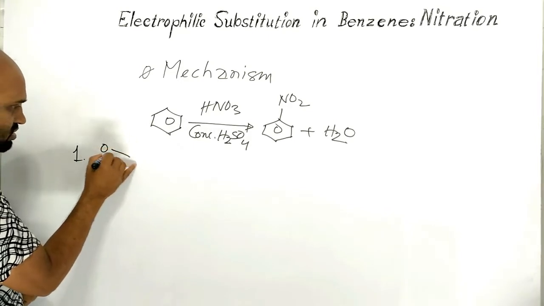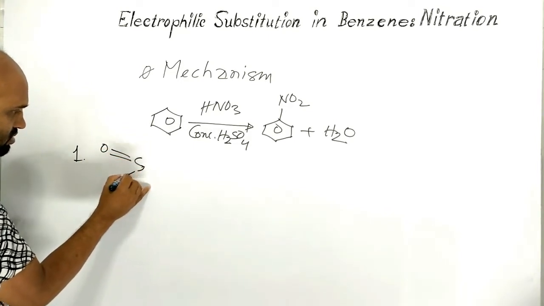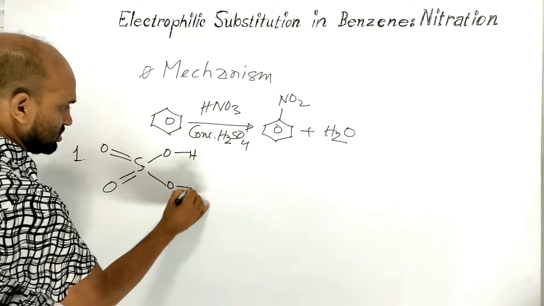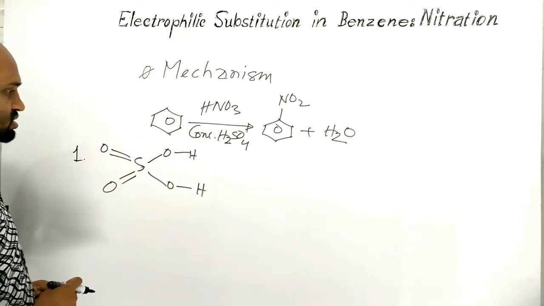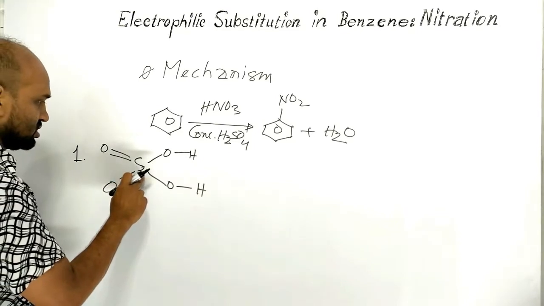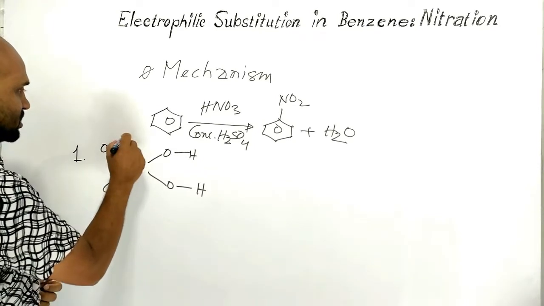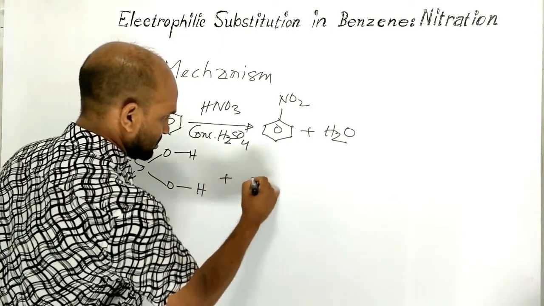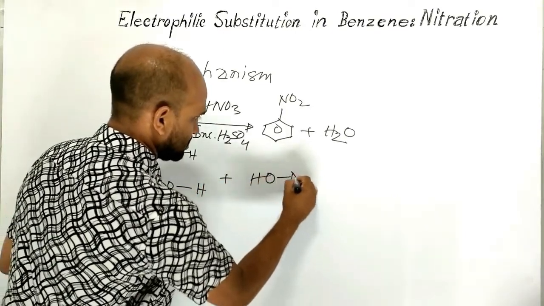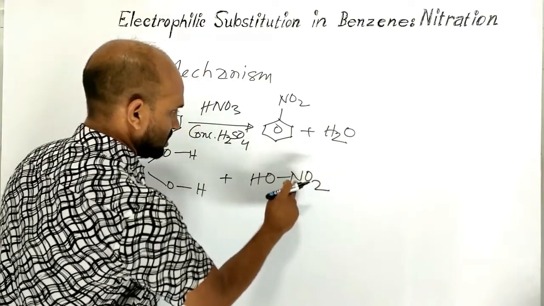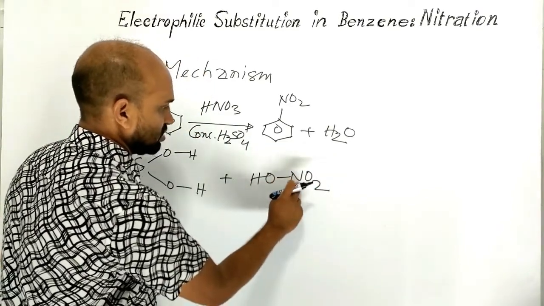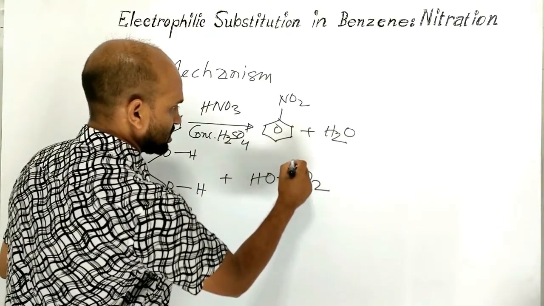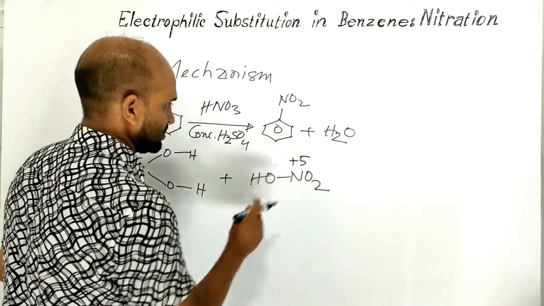Sulfuric acid, structural formula of sulfuric acid, in which oxidation number of sulfur is +6, and this is nitric acid, HNO3. Here oxidation number of nitrogen is +5.